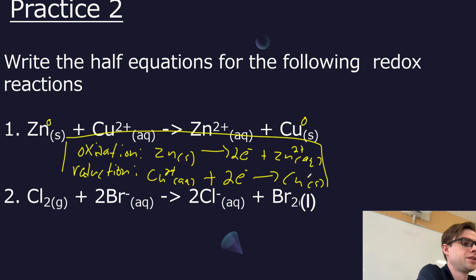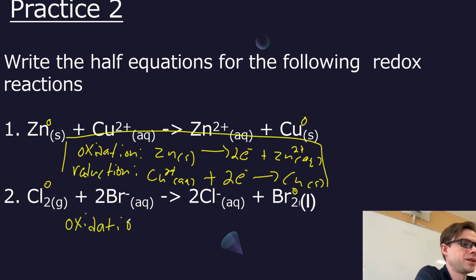That's good. Number 2 then: Cl2 plus 2 Br- goes to 2 Cl- and Br2. So again, oxidation states of pure elements is 0. Oxidation states of these anions is -1. So we'll do oxidation.